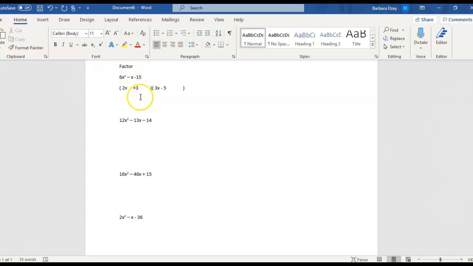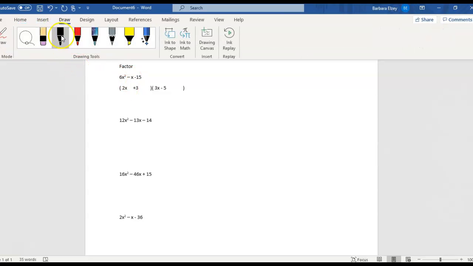We need for our two middle terms to add up to negative x. Now what we do is we've got to check the outside and the inside multiplication. So I'm going to check the 3 times 3x, that's 9x.